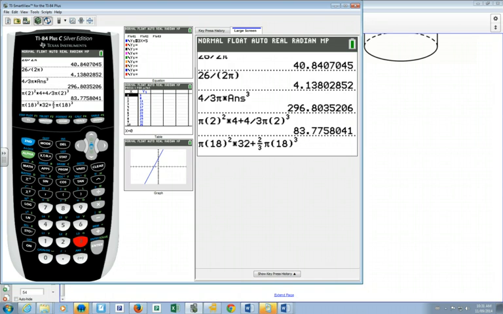So you can see you can even put fractions in the middle. Once you get used to that fraction button, you might start to use it more and more. So it looks exactly as we've written it. Push enter.